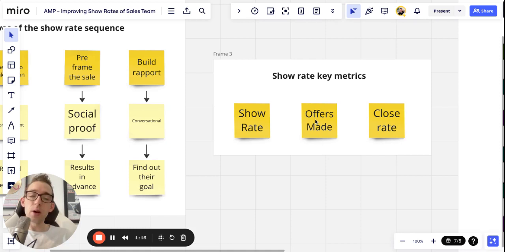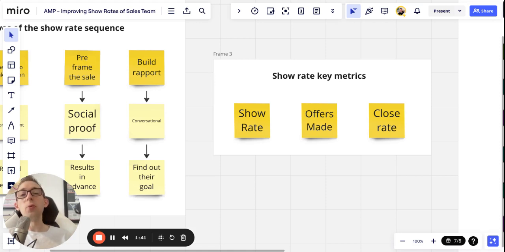Now, when we say make offers, you see a lot of salespeople will just go straight into the pitch. So they'll say, tell me about your pains, blah, blah, blah, right? And then they get to the next part and they say, okay, so I'm going to tell you a bit more about how we work. It's like, whoa, I haven't asked for that yet.